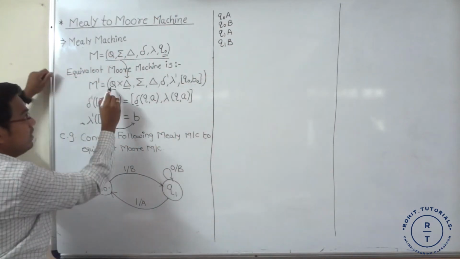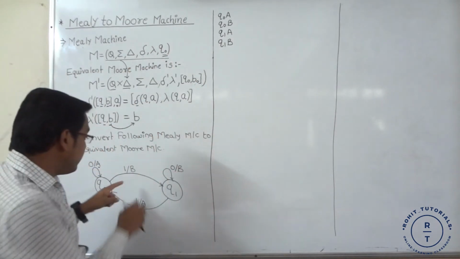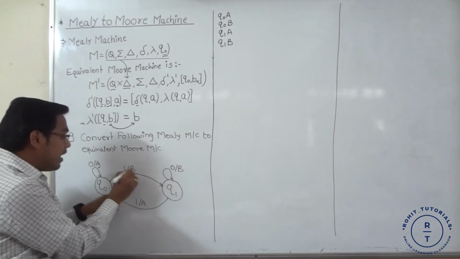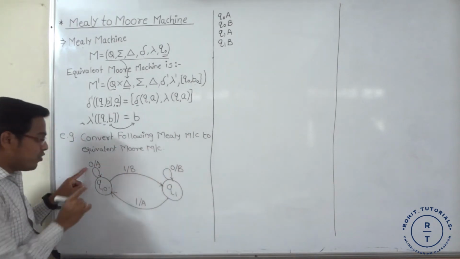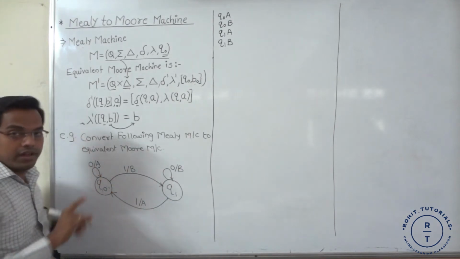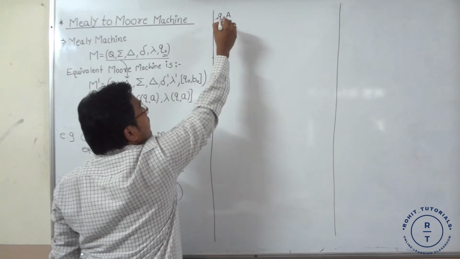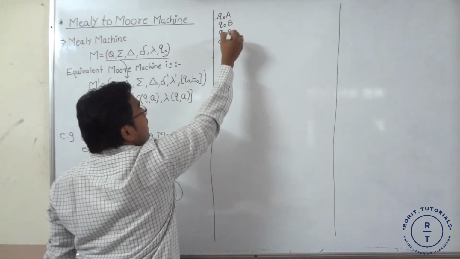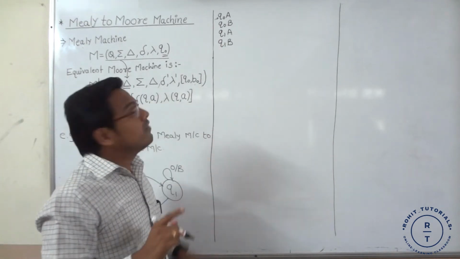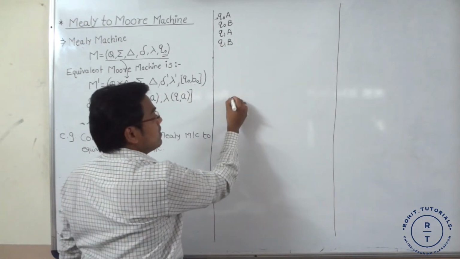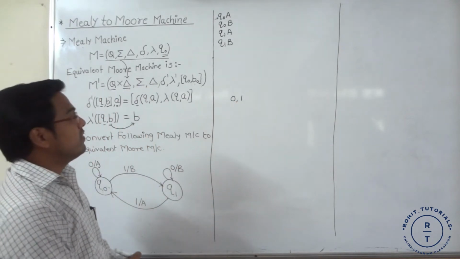There are two outputs available in this diagram, A and B, capital A and capital B, and the input symbols are 0 and 1. So here we consider the four states Q0A, Q0B, Q1A, Q1B. Now calculate each and every state for input symbols 0 and 1.